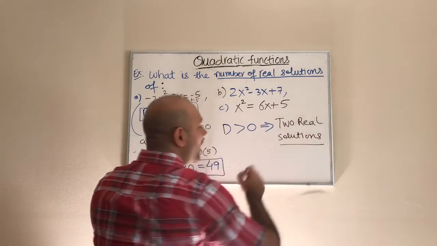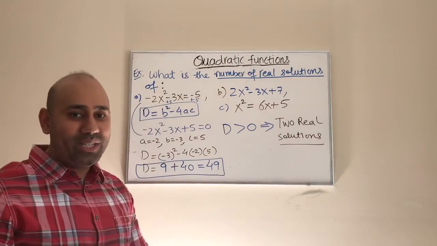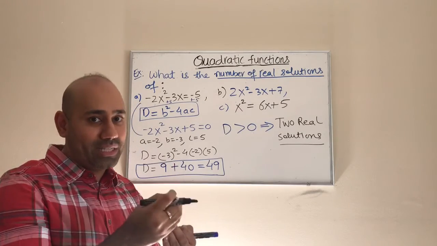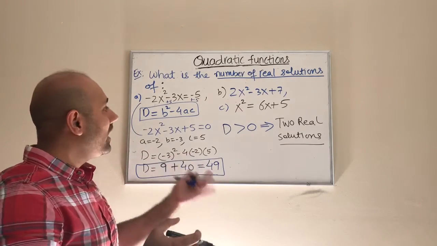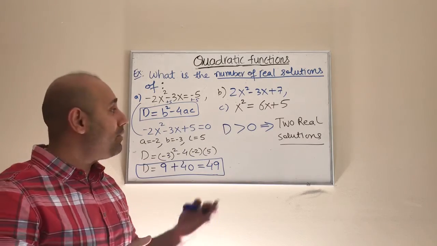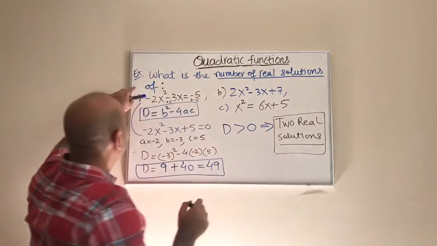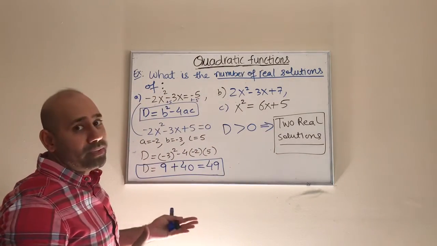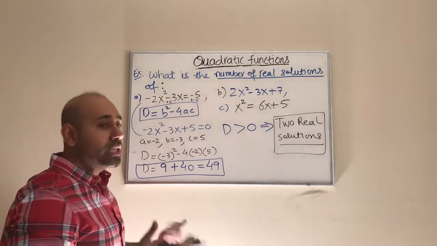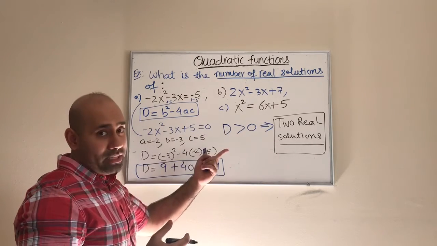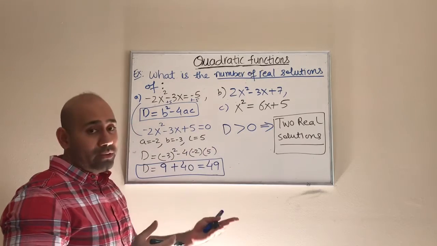So without actually trying to find the solutions, just by evaluating the discriminant and realizing that it is greater than 0, we can justify that we'll have 2 real solutions. That would be the final answer for this example. And how do we know that? We calculated the discriminant, and the discriminant is greater than 0. That tells me that we have 2 real solutions.